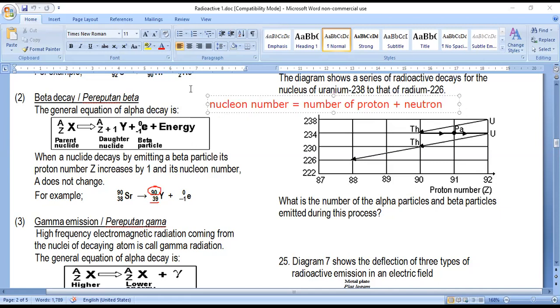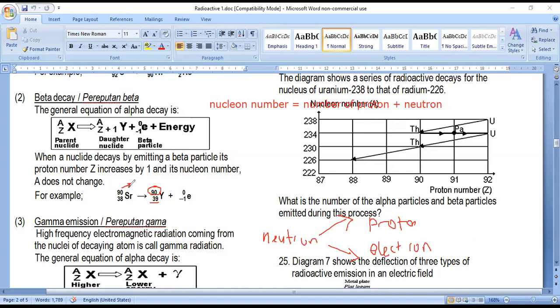Actually, what happens in beta decay is that one neutron will split into one proton and one electron. So for example, this one is 90.